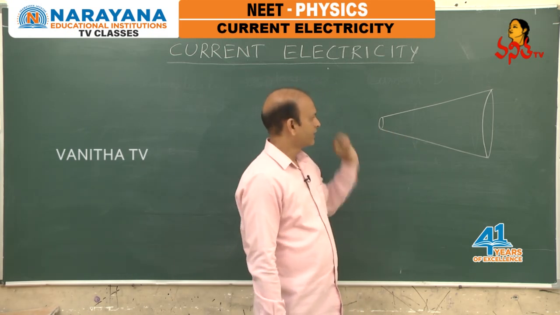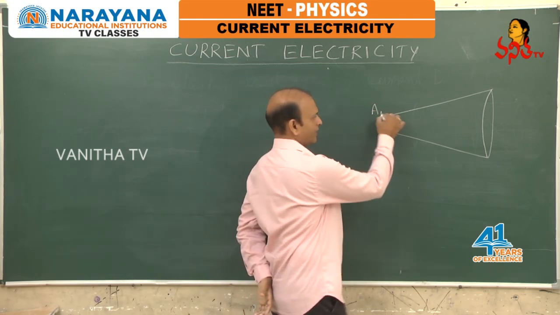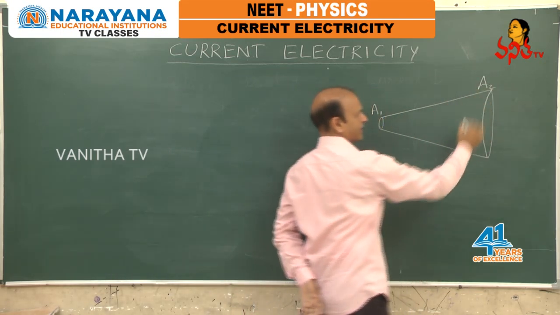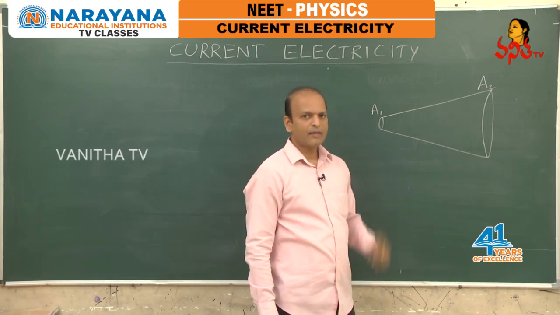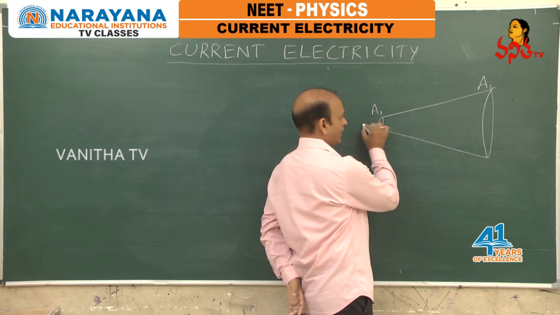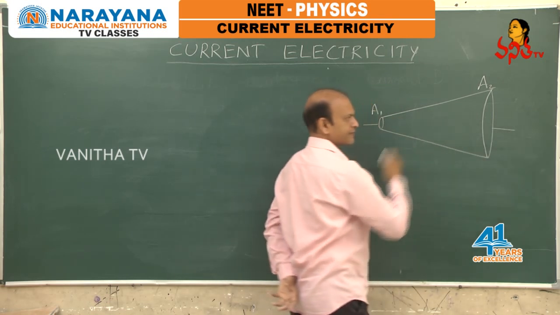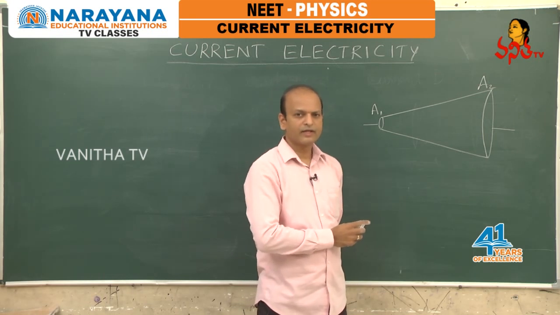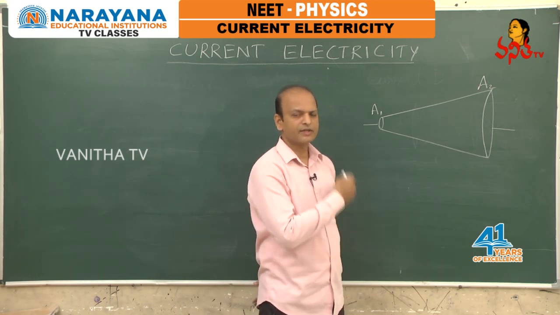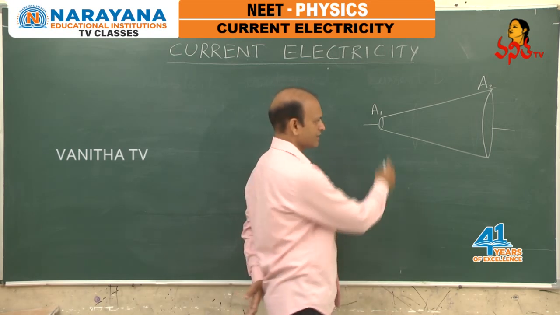So, one side area is minimum, other side area is maximum. So, area of cross section is varying. Through this type of conductor, if current passes, which factors remain the same and which factors will be changing, that let us observe.